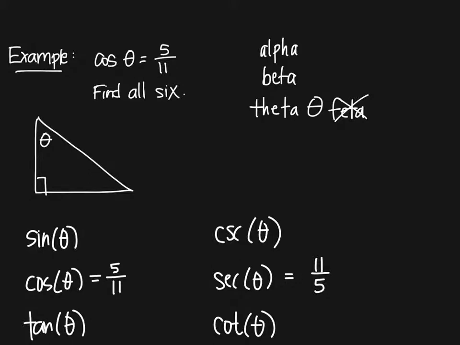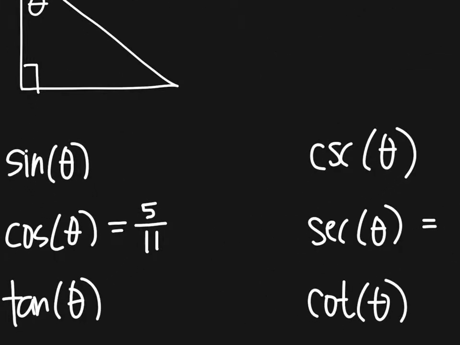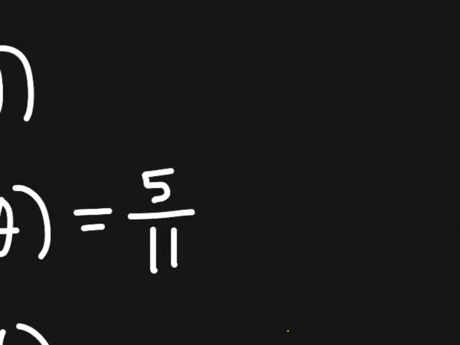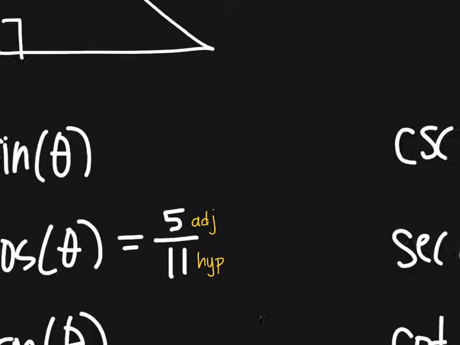What we now need to do next is get the 5 and the 11 in the right places of the triangle. So cosine is SOH-CAH-TOA. It comes from the A and the H. And so if I look at that 5/11ths, that means that the 5 has to be on the adjacent side, and the 11 has to be on the hypotenuse. So that helps me place the 5 and the 11 in the right positions.